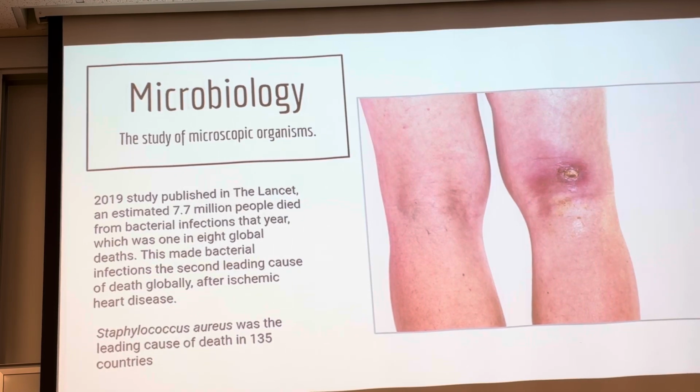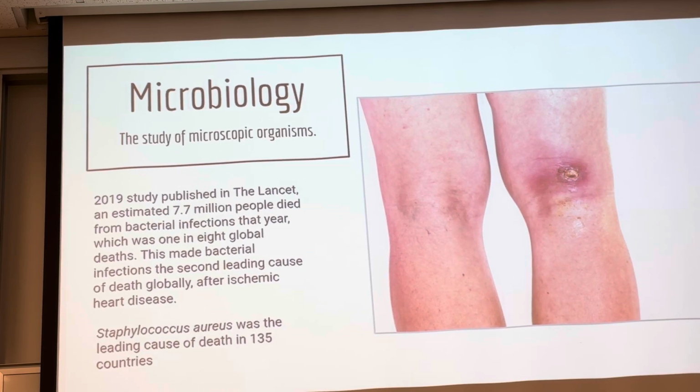Okay, so this was just some quote that I found. 7.7 million people in 2019 died from bacterial infections that year. So about 7.8 million people die a year from bacterial infections. That is a lot of people. 8 million people a year die from bacterial infections around the world.